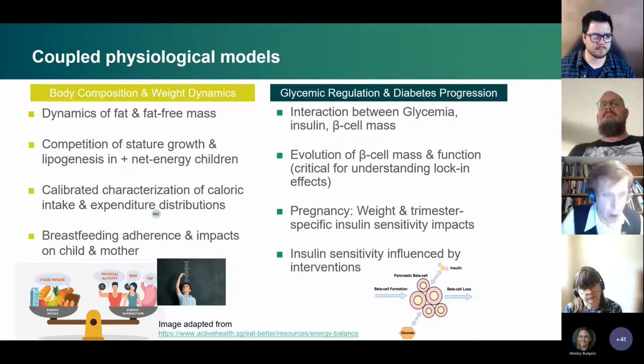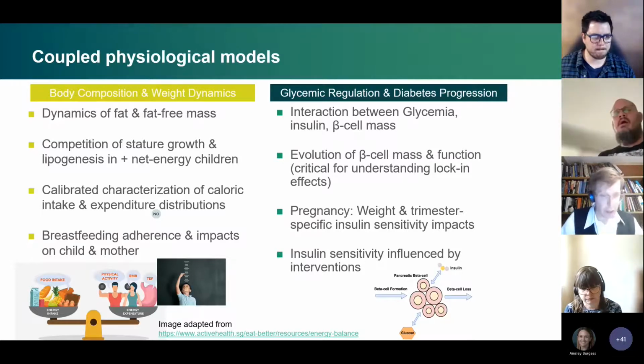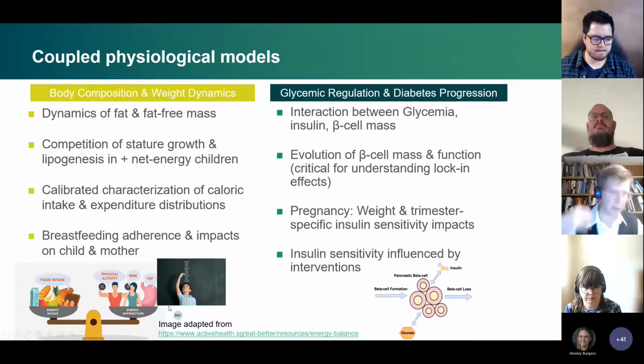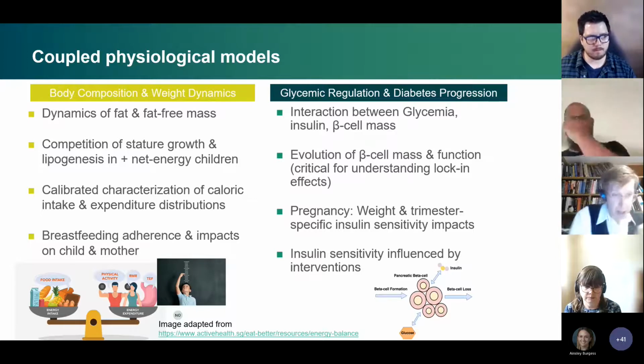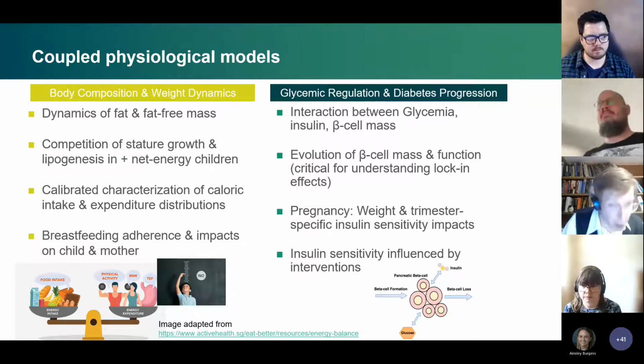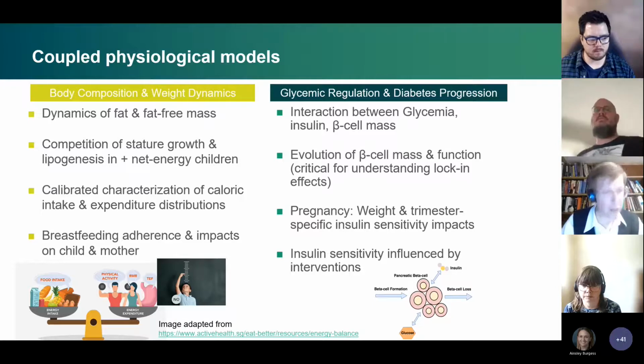It was a calibrated model involving caloric intake and expenditure, and we captured breastfeeding impacts. So this is a model that takes into account resting metabolic rate, thermic effect of food, physical activity, all these processes which use up energy, together with food intake in the context of growth in height and weight.